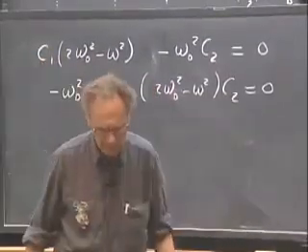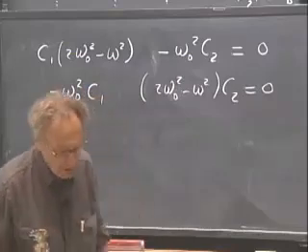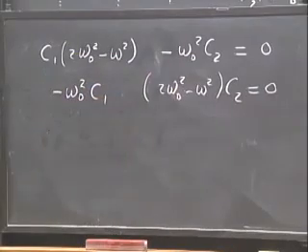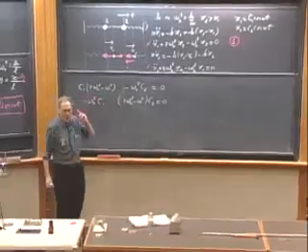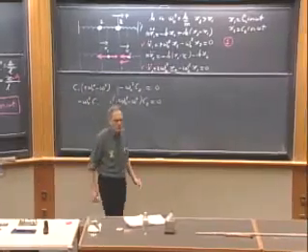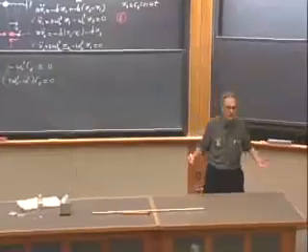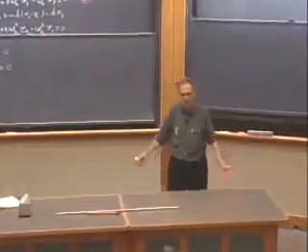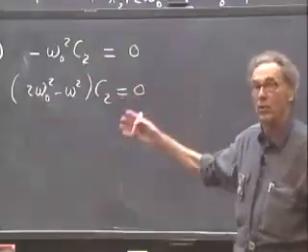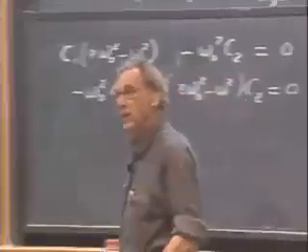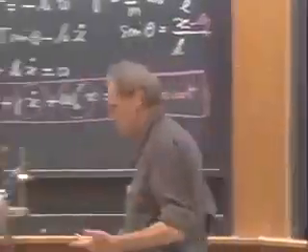So what do I have here now? I have here two equations with three unknowns. I want to know what omega is in the normal modes, but I also would like to know what c1 and c2 are. Well, that is tough luck. You can't have it both ways. We do not know at all what c1 and c2 are separately.